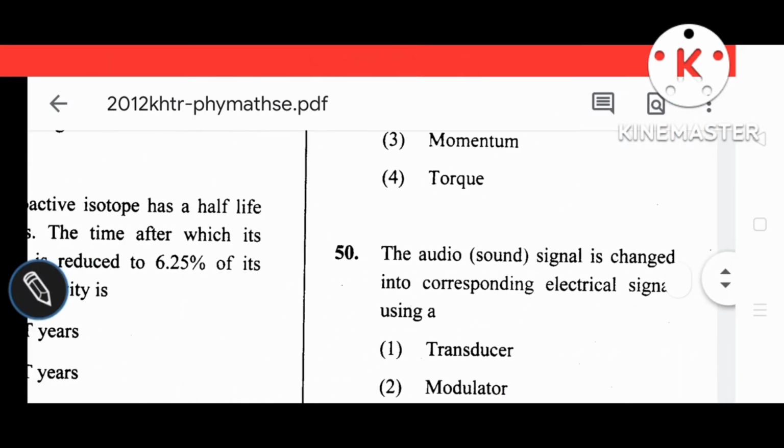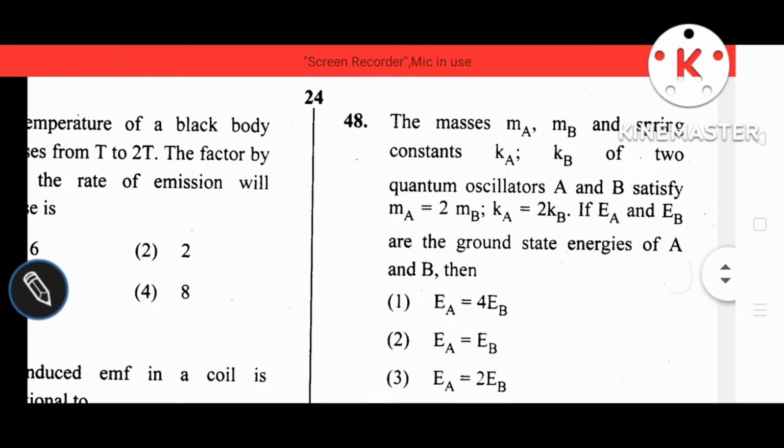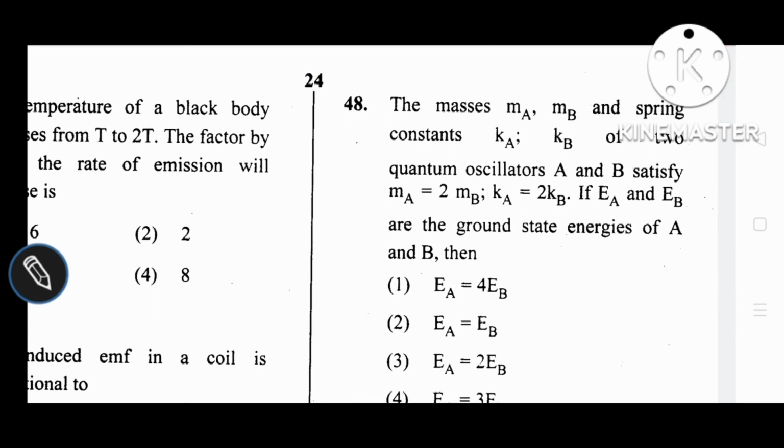Next one, question number 48. The masses MA and MB and spring constants Ka and Kb are of two quantum oscillators A and B. This satisfies MA is equal to 2 times MB, Ka is equal to 2 times Kb.